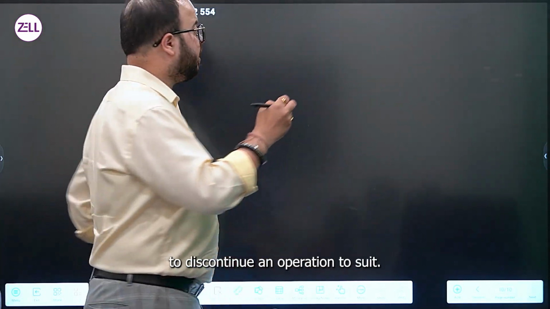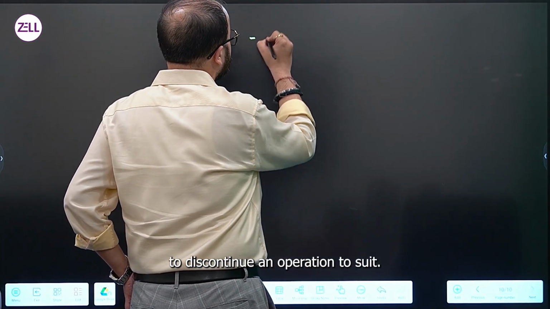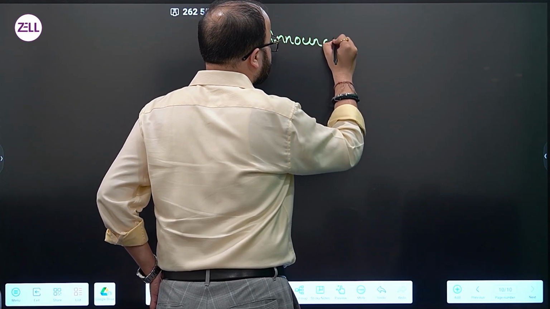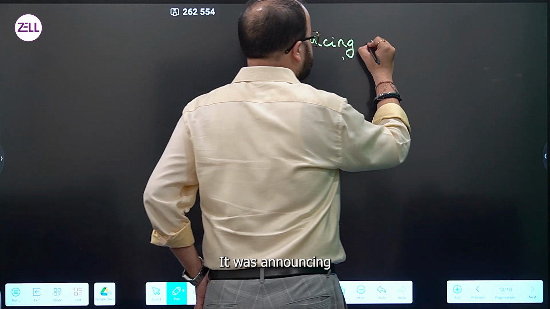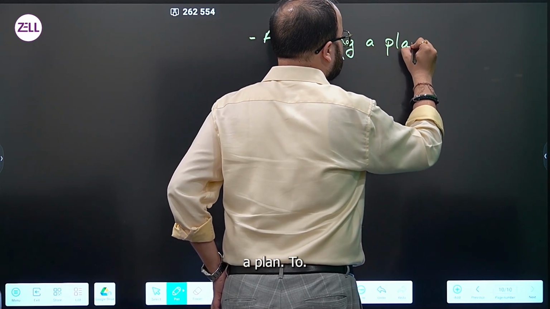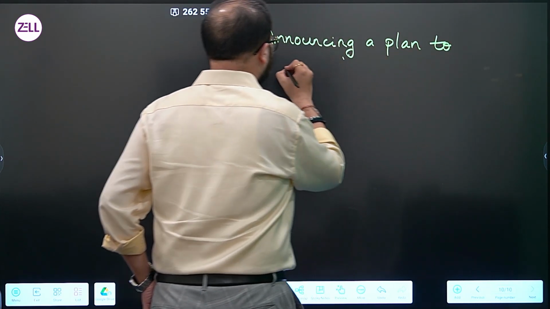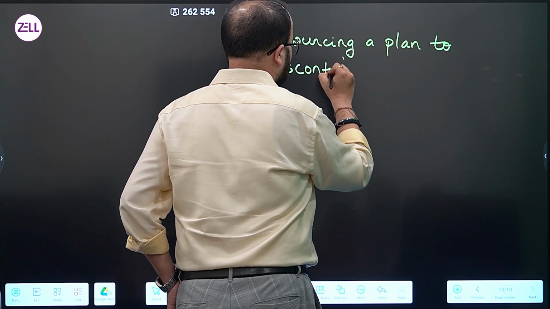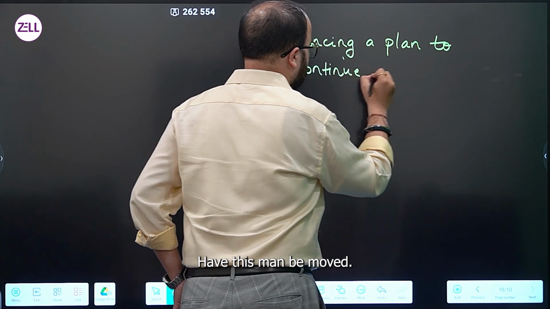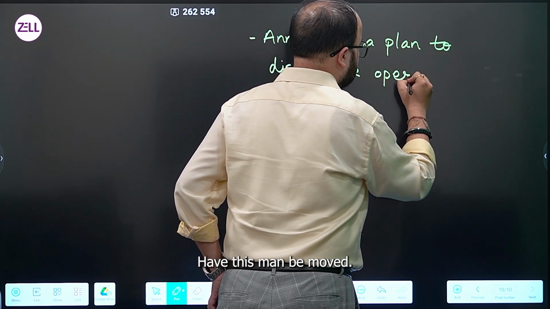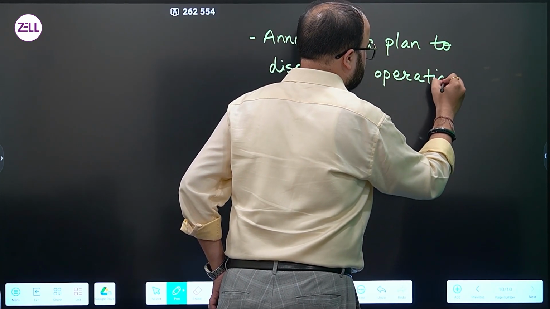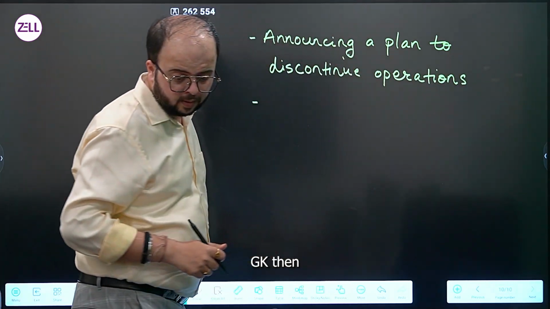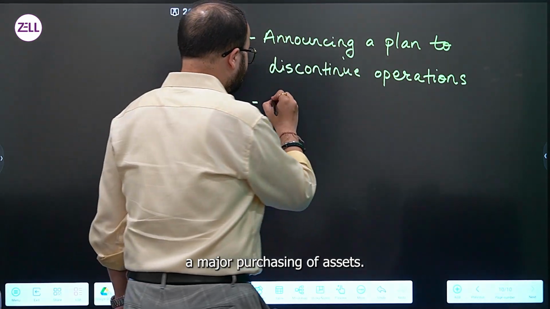Okay. Now, what could be examples of non-adjusting events? Announcing a plan to discontinue operations. Then a major purchase of assets.